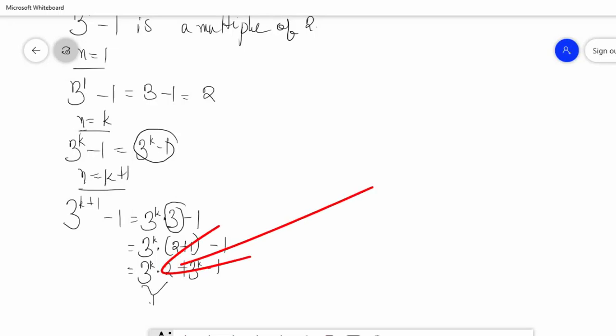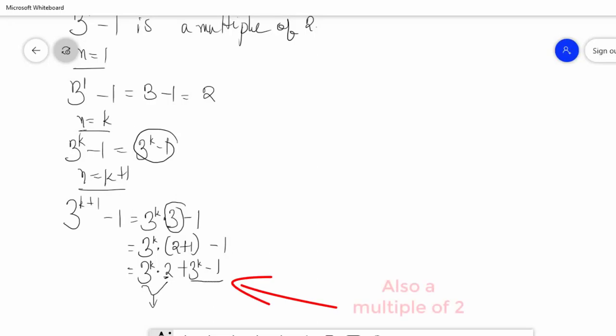This part is a multiple of 2, as we can see, because 2 is multiplying a certain value, 3 to the power k. And then this expression we have over here is valid because when we had n equals k, we had the same value. And so we've established that this value is also true.